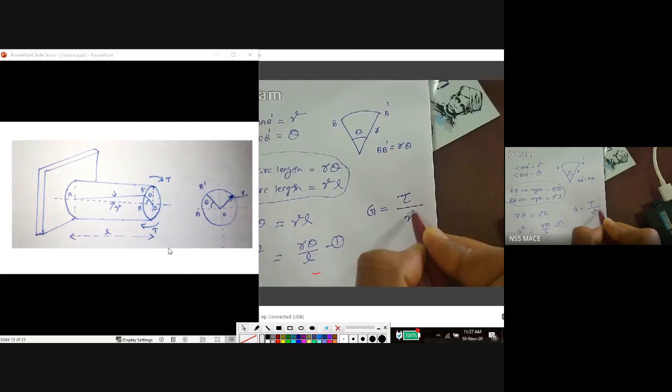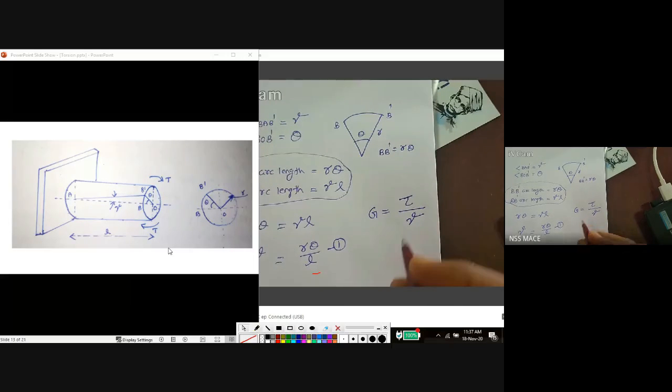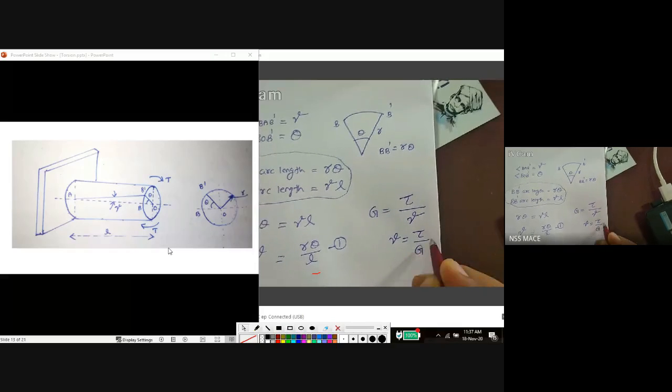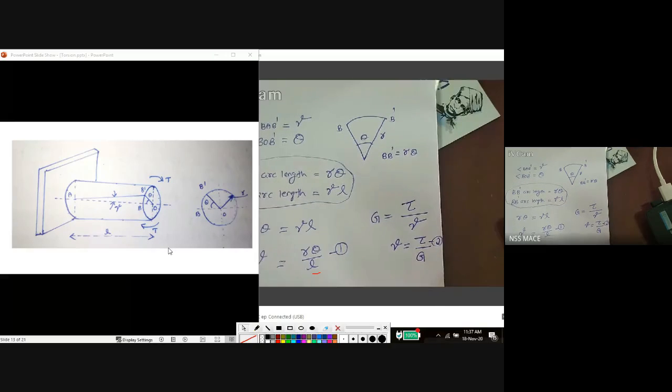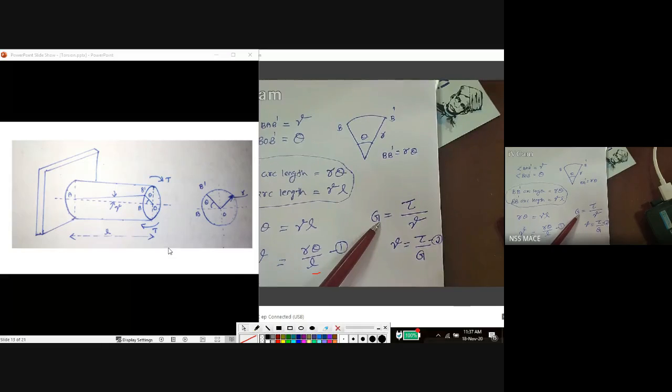From this, shear strain is equal to tau by G. That is equation number 2. Shear stress by shear strain is equal to the modulus of rigidity or shear modulus G. From this, gamma is equal to tau by G.